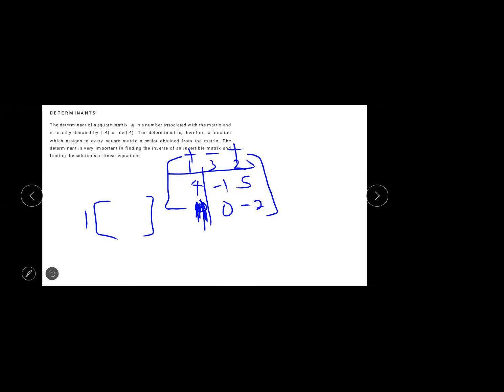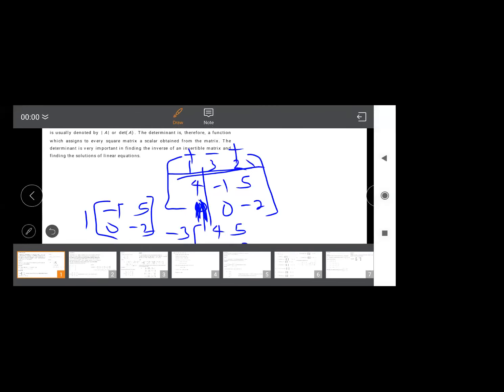We have minus 1, 5, 0, minus 2. Go to the next one. That's minus 3. Cover the row and cover the column. So we have 4, 1, 5, minus 2.